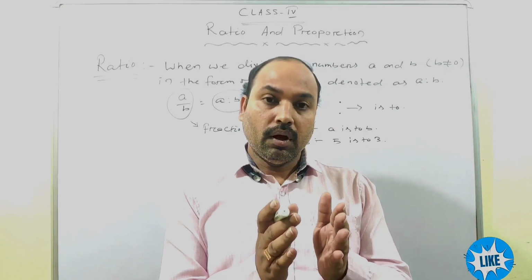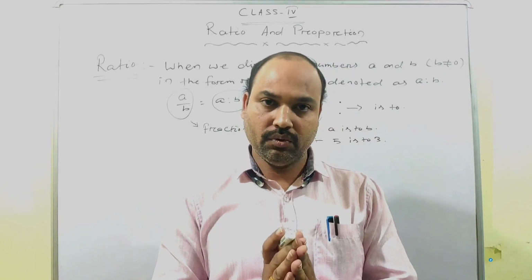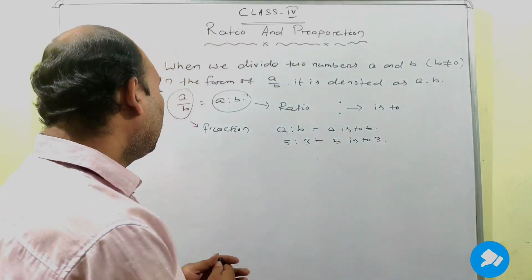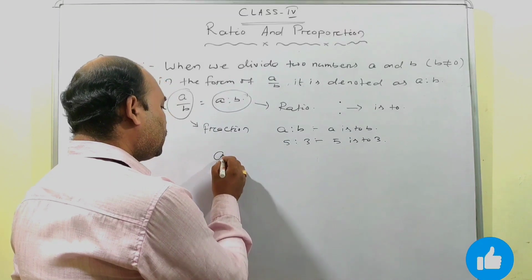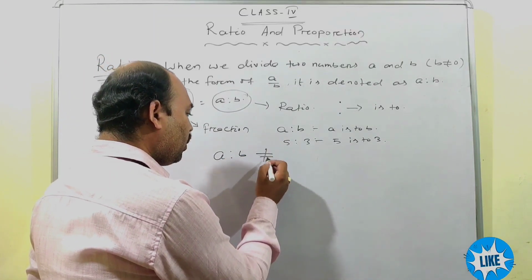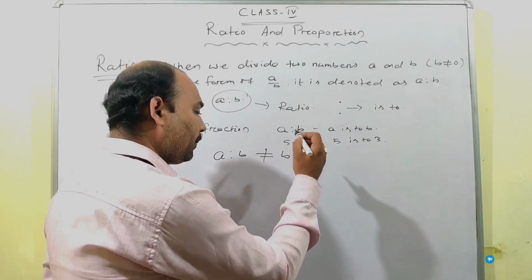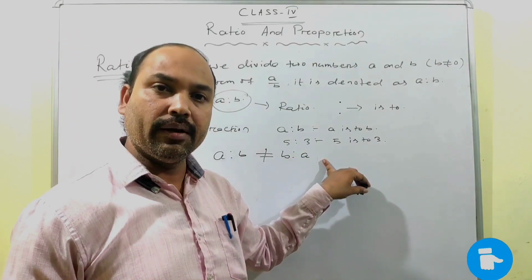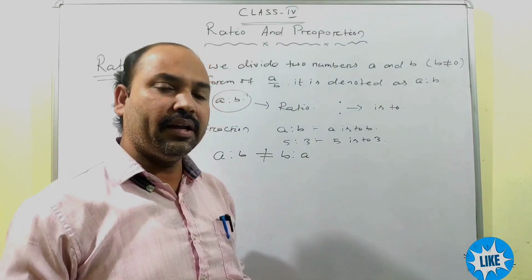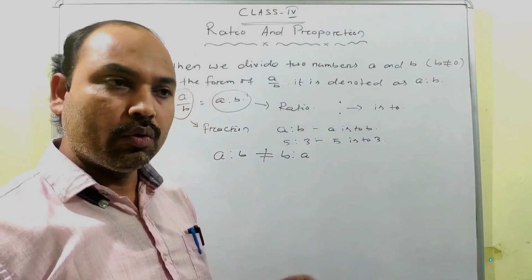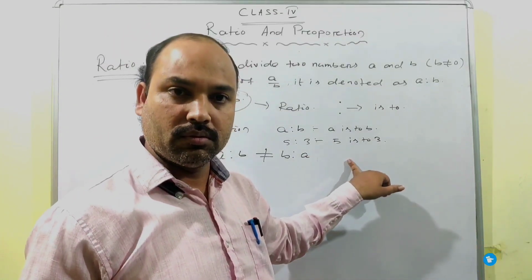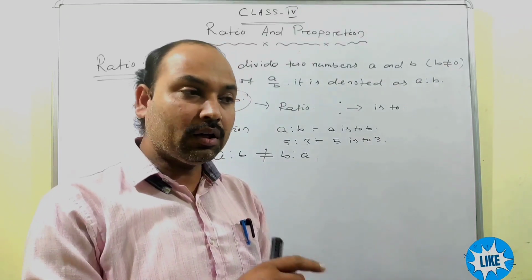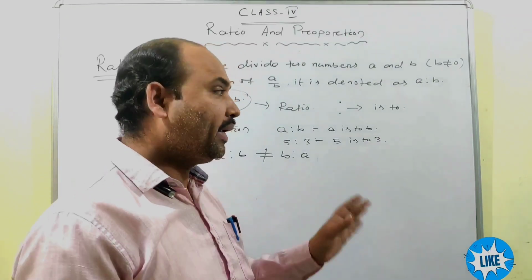Second, the written order is very important in our ratio. When you write A is to B, remember that A is to B is not equal to B is to A. If the terms are reversed or different, then our ratio will be different.